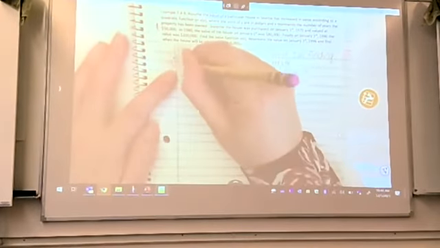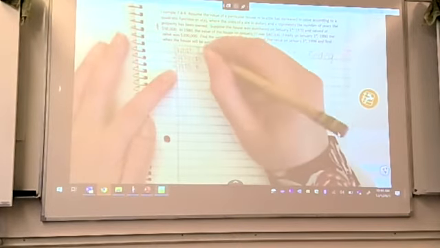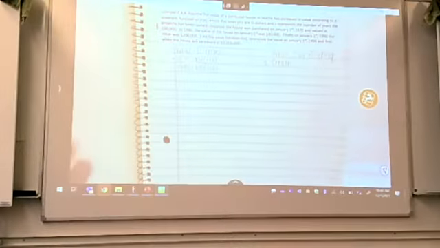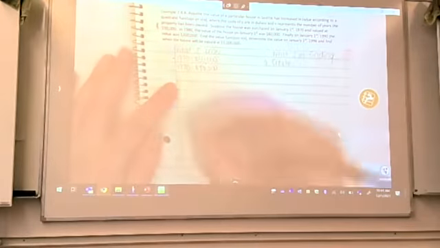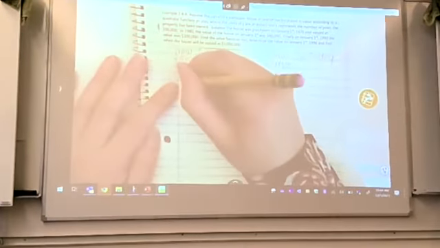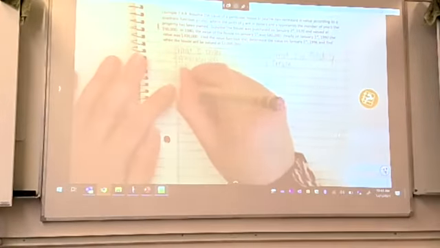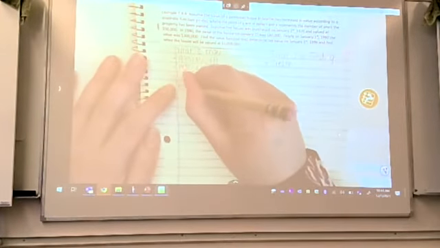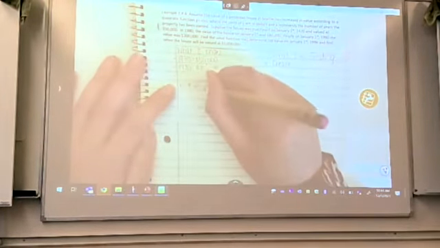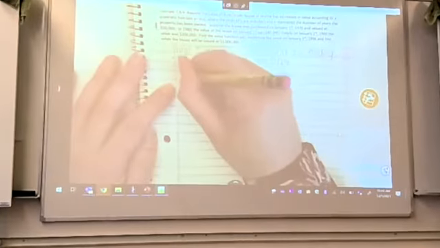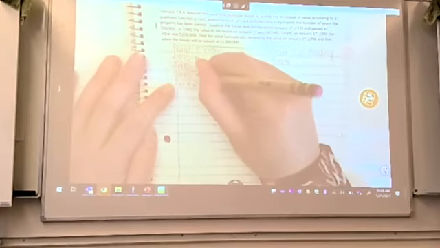Okay, 1980, price 80,000. X represents years. Okay, X represents years. In 1990, the house's value was $200,000.